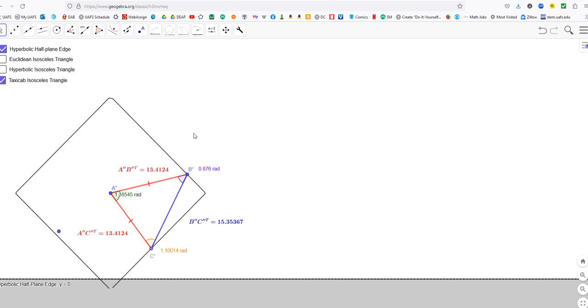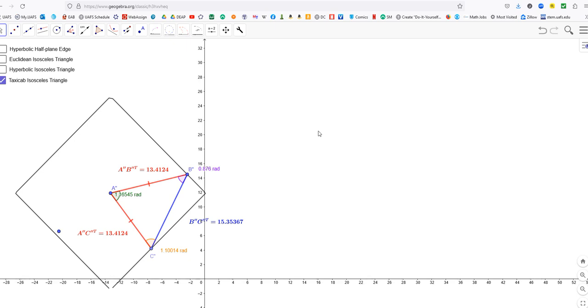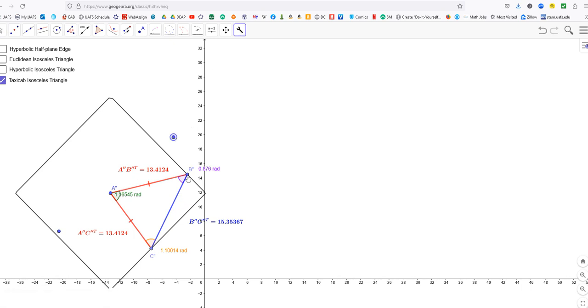Okay, taxicab. A taxicab circle, we don't need the edge here, looks like, well, it is a Euclidean square and a taxicab square. If we're talking about taxicab, everything's related to the axes, so maybe we should have the axes on there. And so there's a circle. Again, we just built it using our taxicab circle by center and point. Pick a point that's allowed to freely move along the circle.